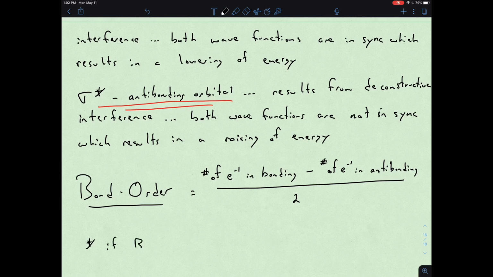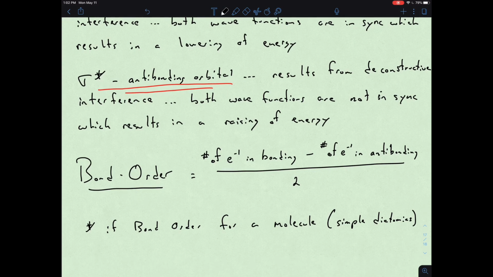If our bond order for a molecule, looking at simple diatomics for us, is greater than 0, it means a molecule can exist.